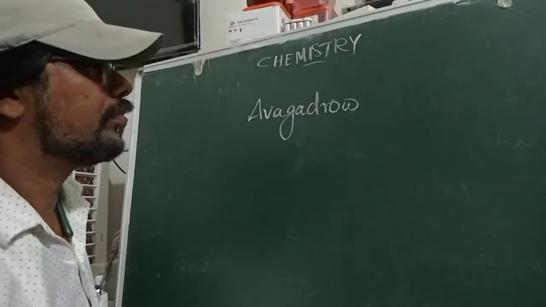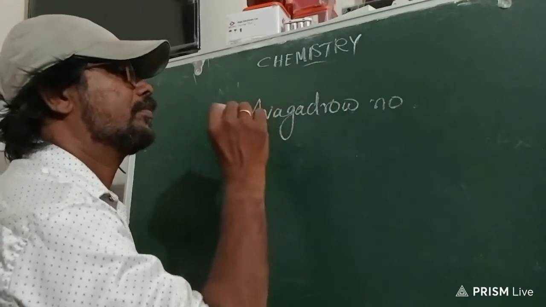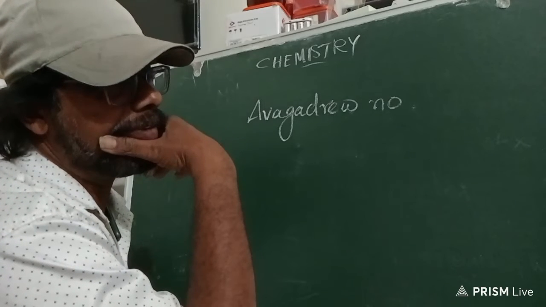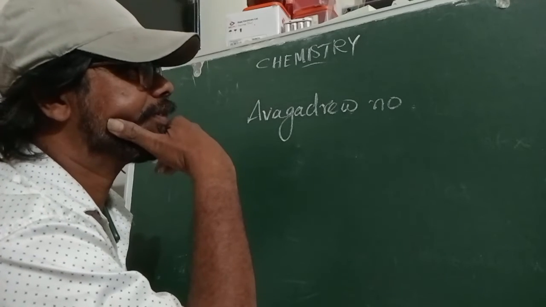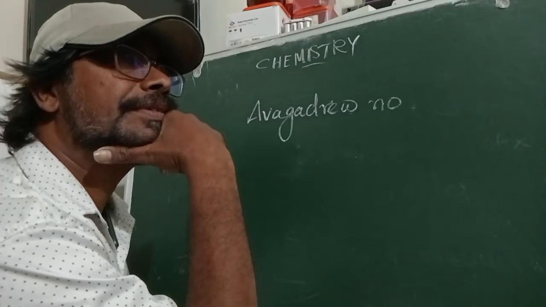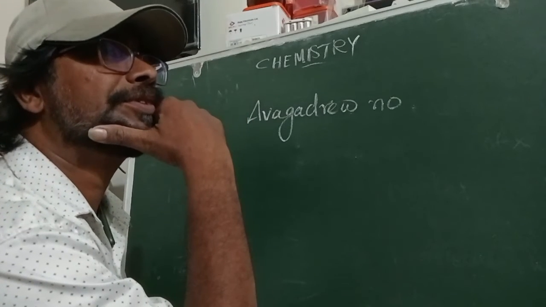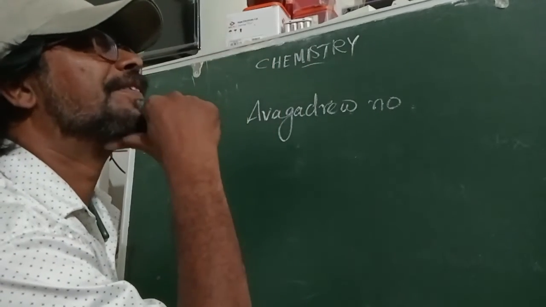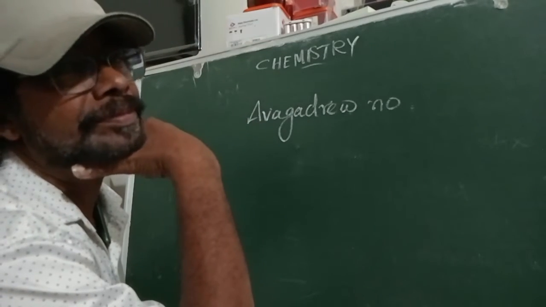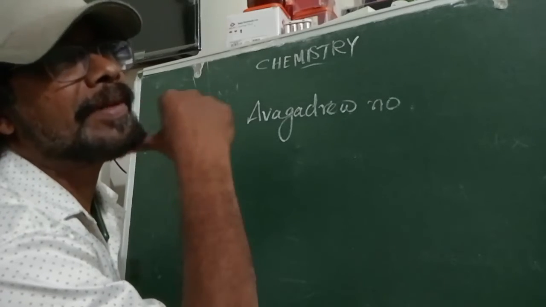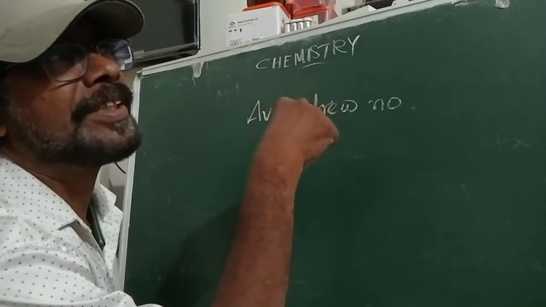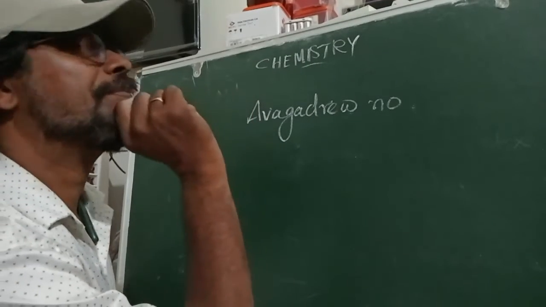The number of atoms or number of molecules present in 1 gram atomic weight or gram molecular weight of the substance is called Avogadro number.